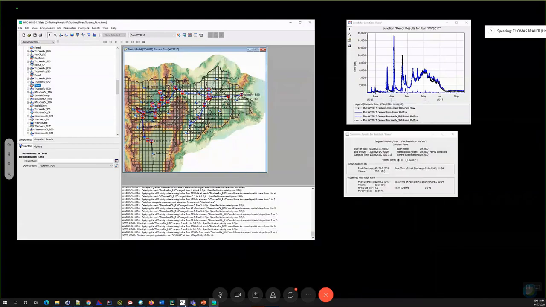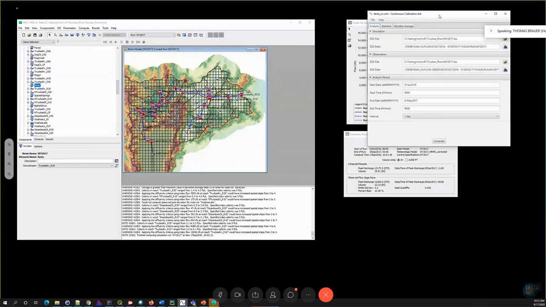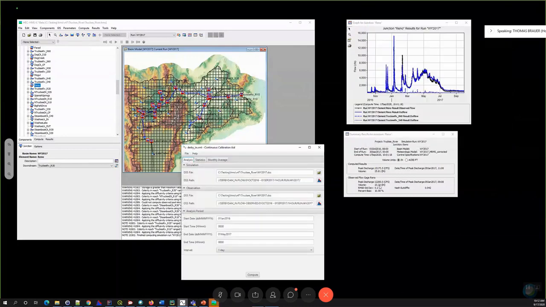Another special use case is that the statistics calculated in HMS are for the entire duration of the simulation period, and they're calculated at the simulation time interval. So often people want to adjust the computation interval for the statistics to something different than the simulation time interval.